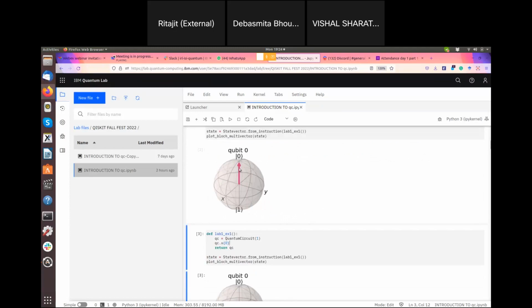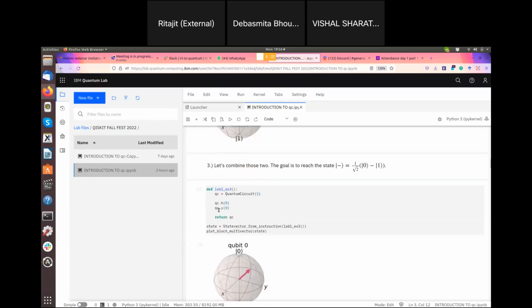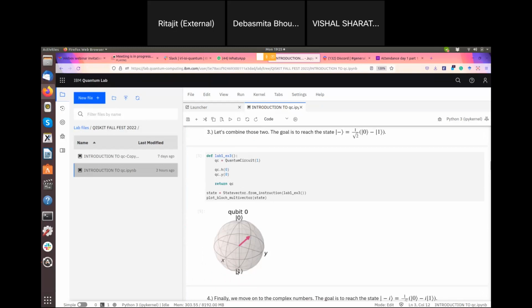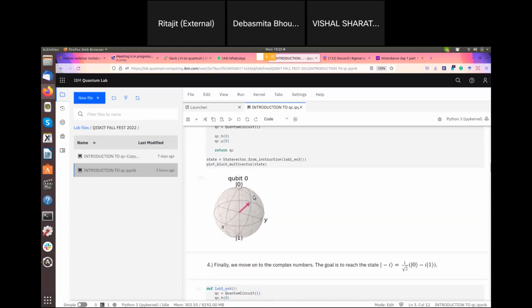So you rotate the state around this Y axis. This is the Y gate. If we apply the Y gate after the Hadamard gate, then it gives us the minus state. And you can see this from the blocks view. This is the plus, we rotate it around the Y axis and we get this minus.